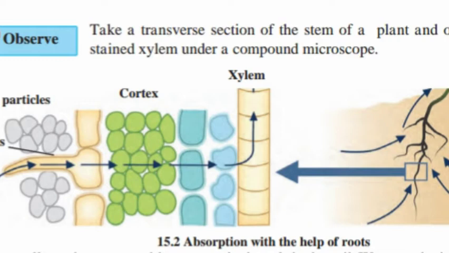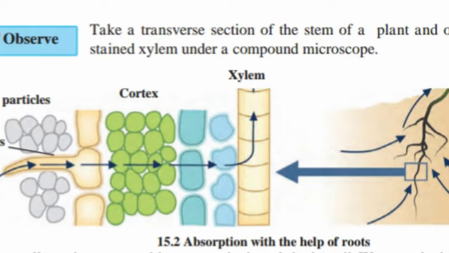This is how water is absorbed from the soil and transported to the conducting tissue, the transporter, which has to be provided the water molecules. Water and minerals go from the soil into the root cells.